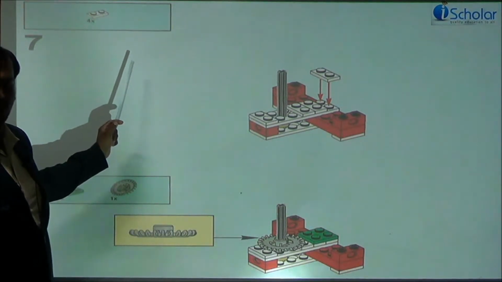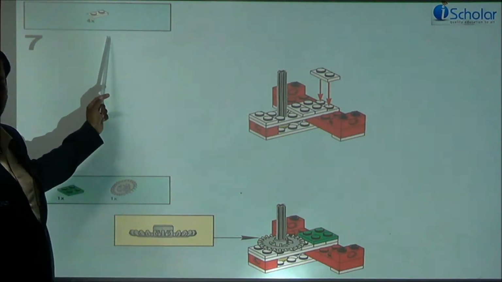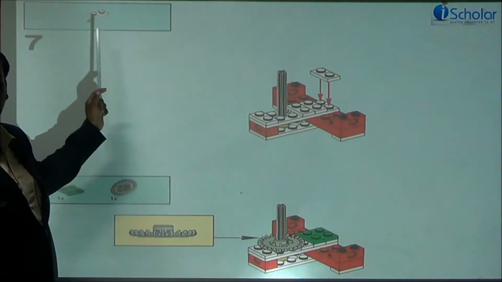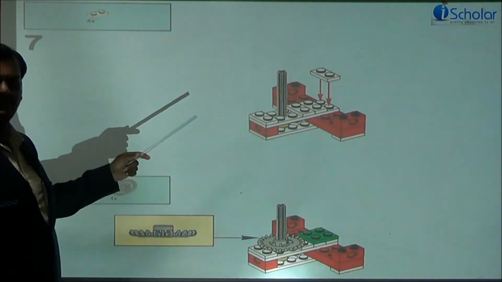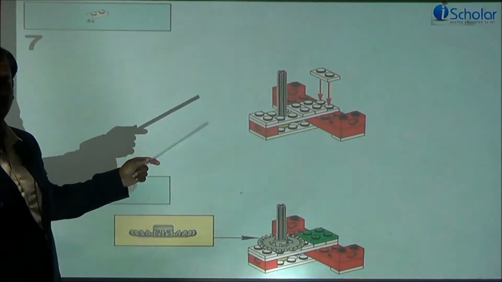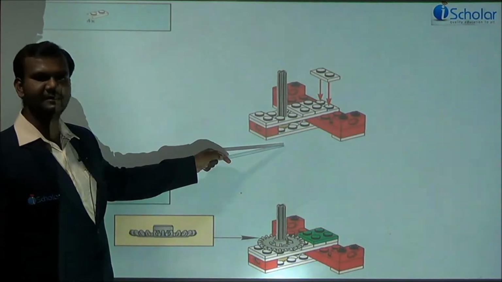concentrate and do. So take 2 dotted white blocks, 4 in numbers, and these particular 2 dotted white blocks must be placed above the white strip which we completed in step number 6. So this is the final product which has been obtained in step number 6.